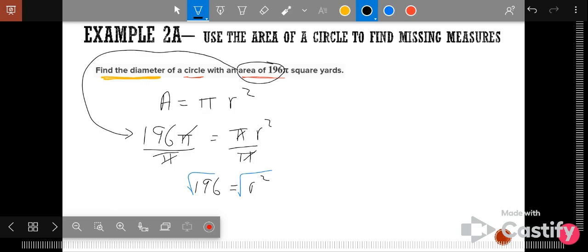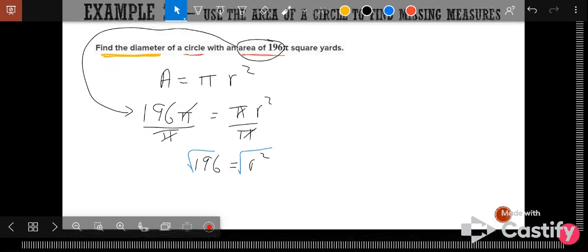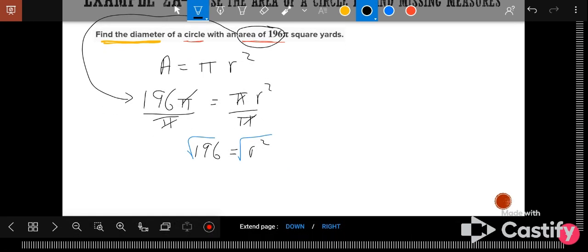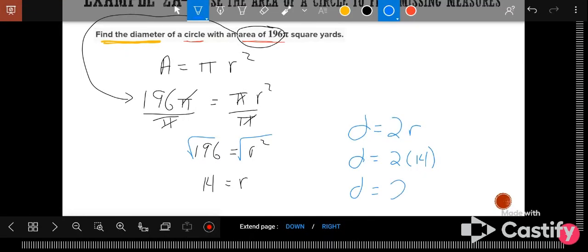And so the square root of 196, if you don't know, you could use a calculator, is 14. And that's the radius. But this question did ask, what is the diameter? I have to remember that one diameter is equal to 2 radius. So diameter equals 2 times that 14, or the diameter is twice as big, or 28 yards.